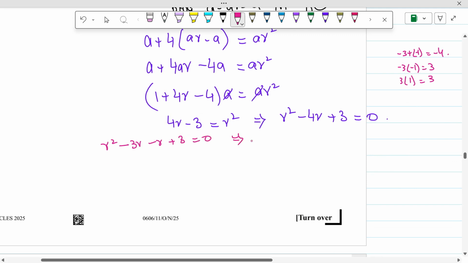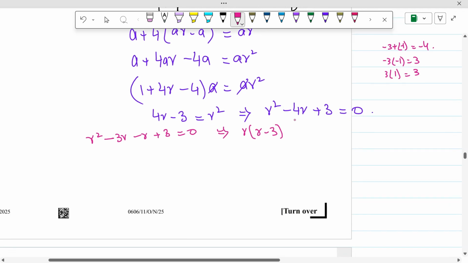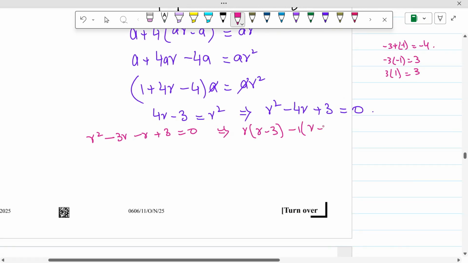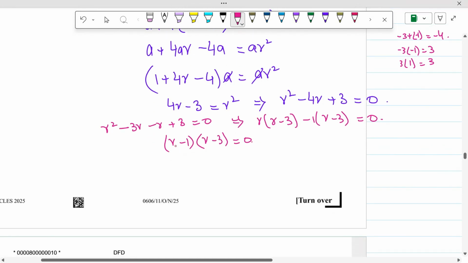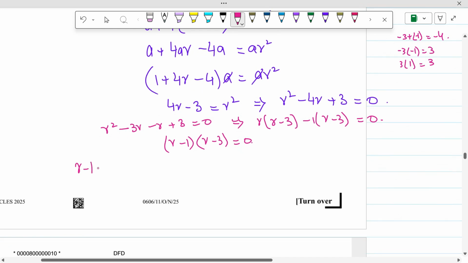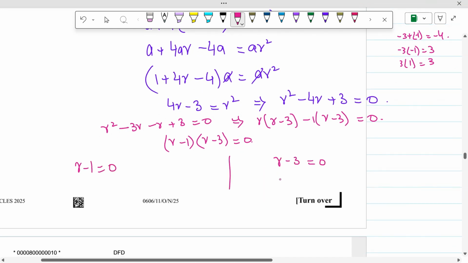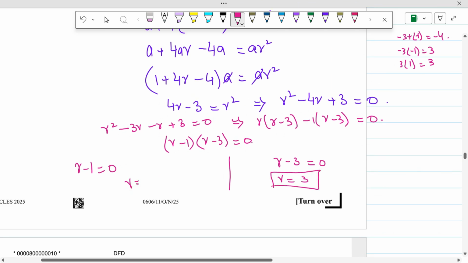Taking r common, we have r (r minus 3), and then negative 1 common, we have negative 1 (r minus 3) equal to 0. So we have two factors: (r minus 1) times (r minus 3) equal to 0. So r minus 1 equals 0, and on the other side, r minus 3 equals 0. In this case r equals 3, and in this case r equals 1.